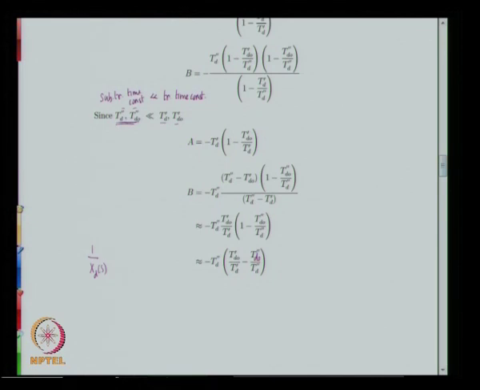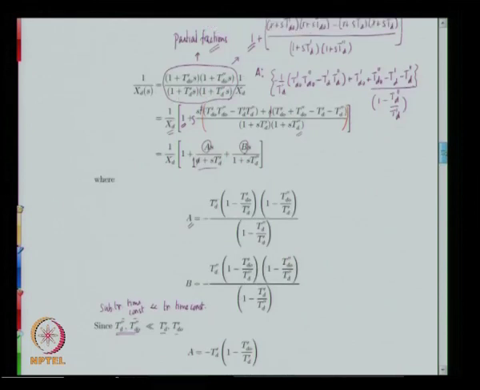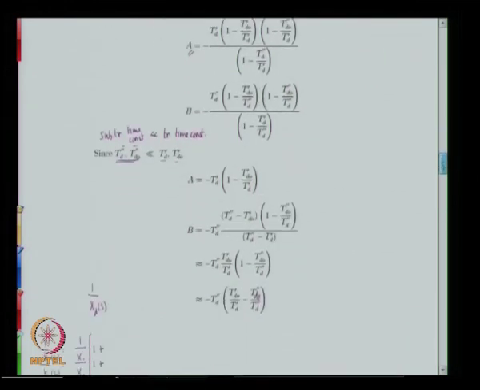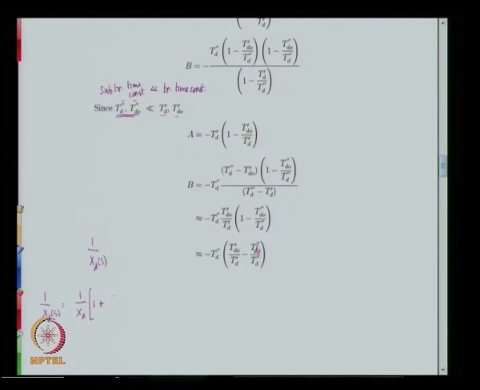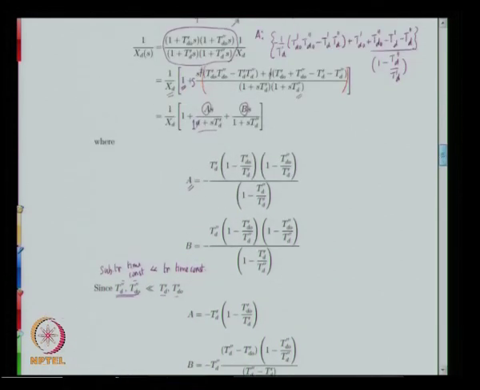You get 1 over xd of s as 1 by xd multiplied by 1 plus, now as by 1 plus s T dash d, a is nothing but minus T dash d into s by 1 plus s T dash d. This is the part that is already there in this expression.